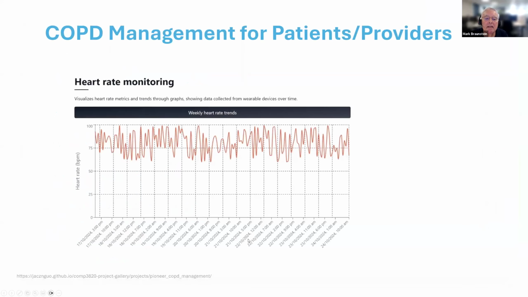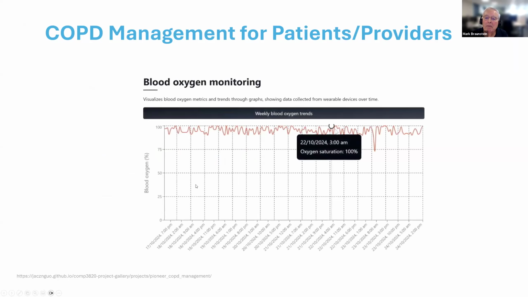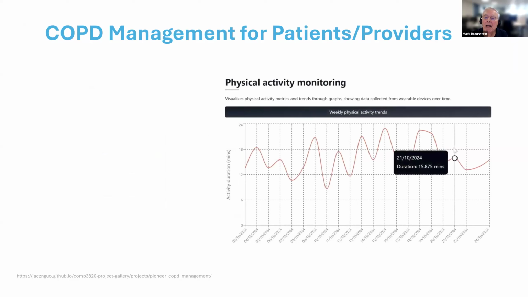The first is an app for managing chronic obstructive pulmonary disease. It brings in data about the patient's heart rate, about their blood oxygen level. These are, of course, from devices in the patient's home, and monitoring of physical activity through things like a smartwatch.